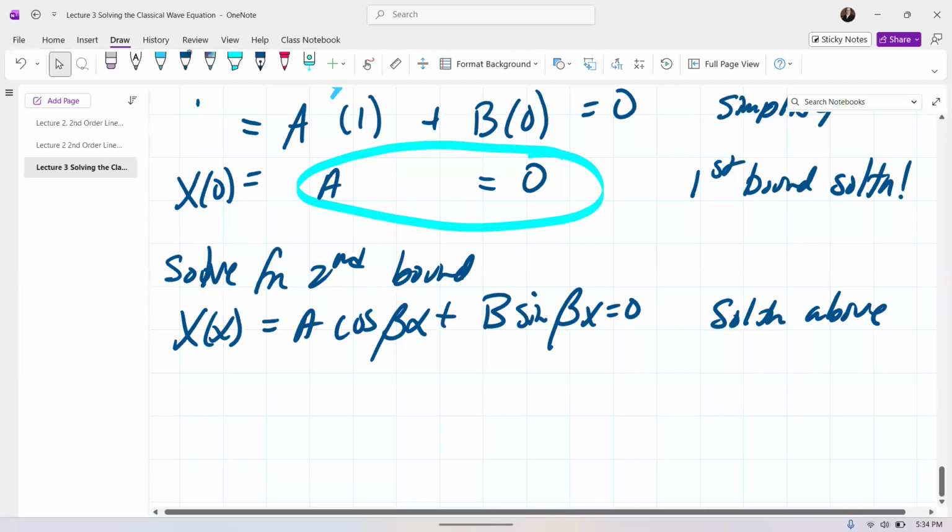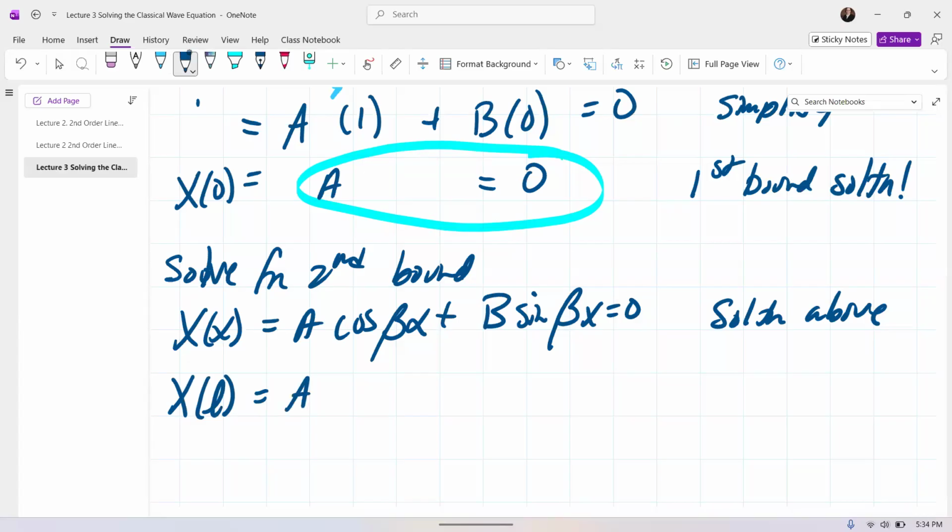Now we're going to substitute in x of L, right? Because we're doing the second bound, equals a cosine beta, wherever you see an x, substitute in an L. Let me make that more clear for you, just to be sure. That's a beta L plus b sine, here's the beta again.